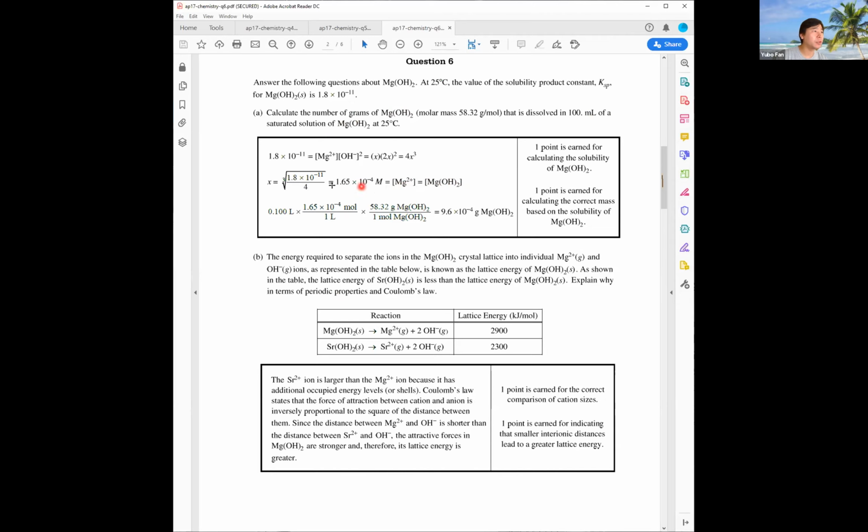We know its concentration, and the volume is 100 milliliters, which equals 0.1 liter. We convert the number of moles to mass by multiplying by the molar mass. Then we have the mass of magnesium hydroxide in 100 milliliters of water. This is a very typical calculation for the relationship between solubility and the Ksp.